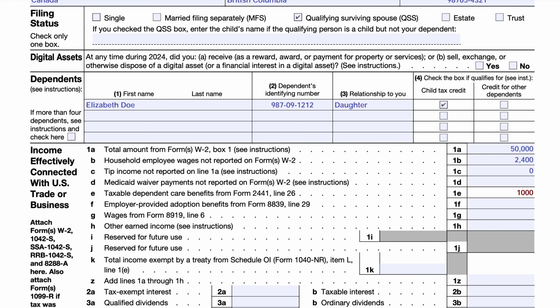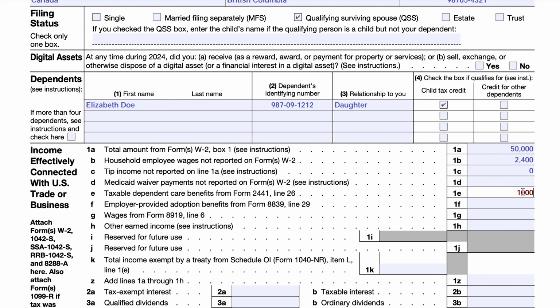You would have to go through IRS Form 8839 to determine how much of those employer provided benefits are taxable and how much are not taxable. So when you go through IRS Form 8839, it'll take you through all of it. Line 29 is the amount that is considered to be taxable. We'll see that doesn't apply to this situation because John Doe's daughter is not adopted.